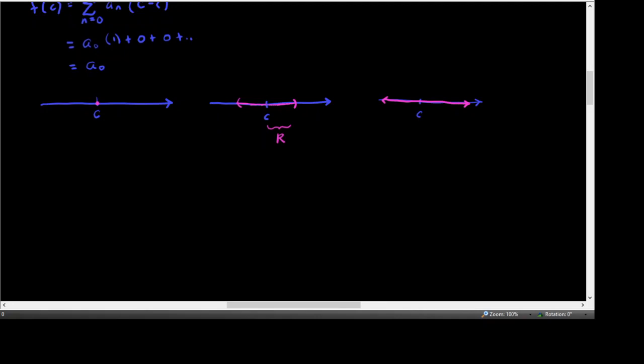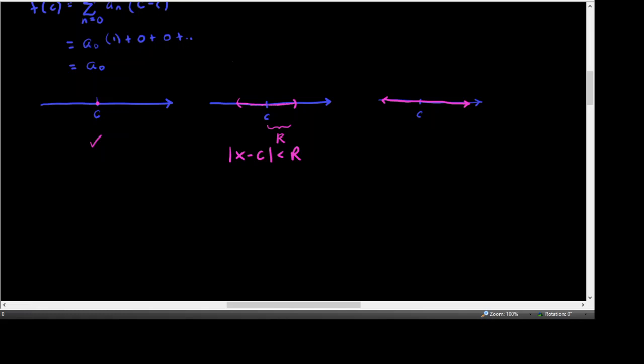And that's outlined in Theorem 9.20. For a power series centered at C, precisely one of the following is true. The series converges only at C, so that one. Or there exists a real number R, which is a positive number, such that the series converges absolutely for the absolute value of x minus C less than R. And it will diverge otherwise.